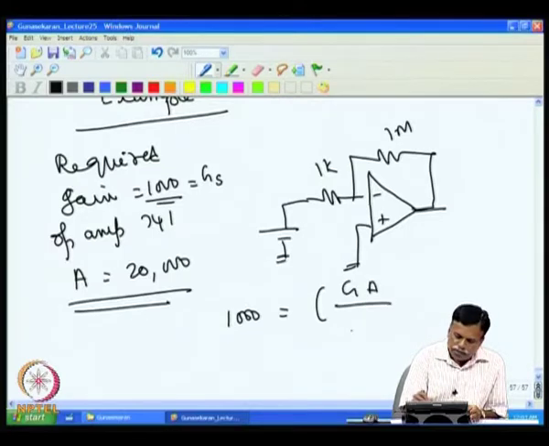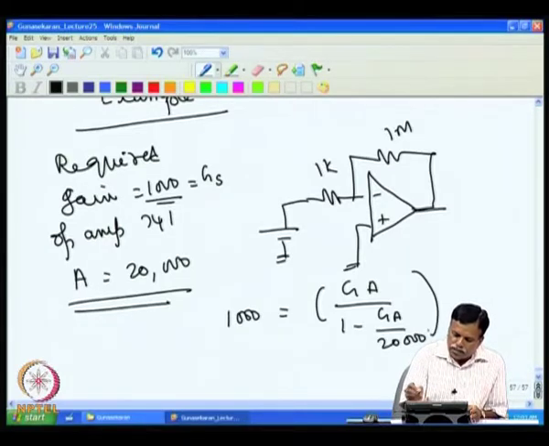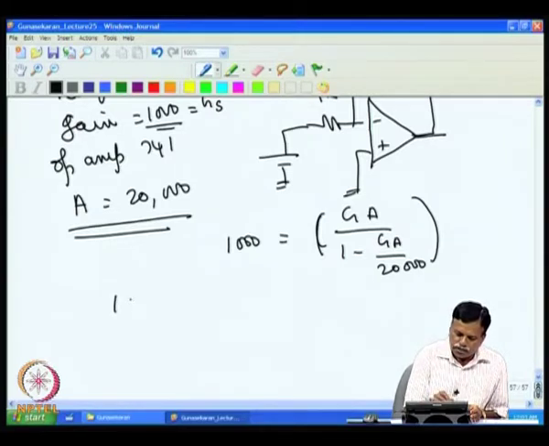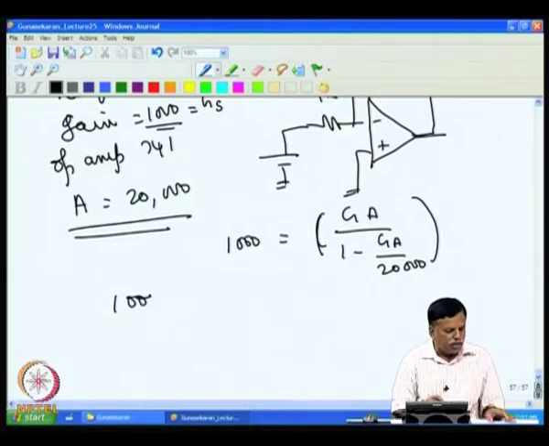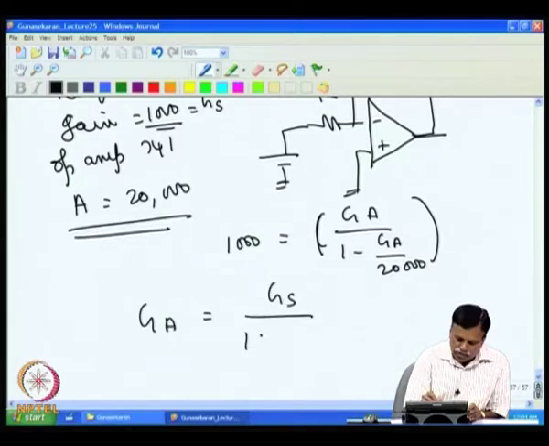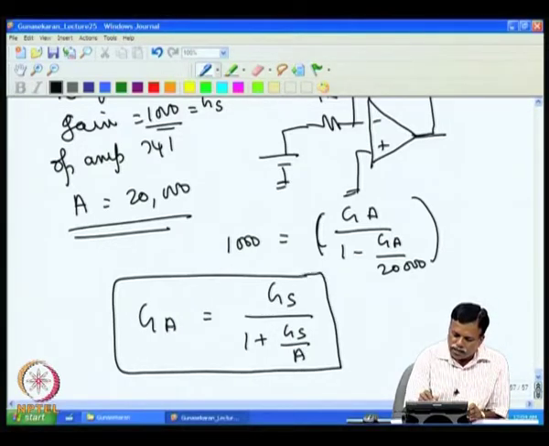So, I put this divided by 1 minus Ga by 20,000, that is what actually comes. Actually, this formula can be rewritten in the following way, as we can also show in the derivation: because this is written in terms of set gain, I can also write it in terms of actual gain, 1 plus Gs by A. This equation can be derived from the earlier equation.